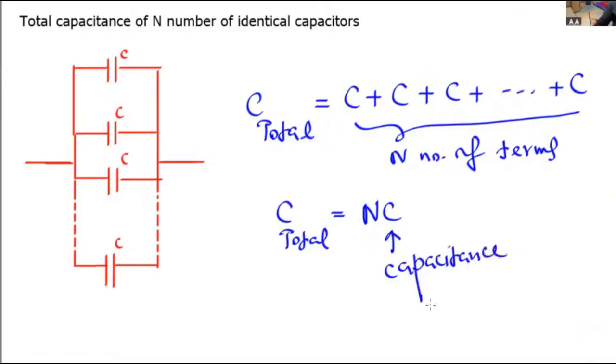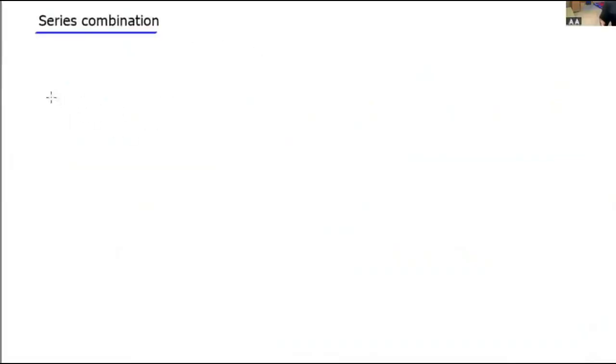Okay, write this. Next, series combination. Then you can consider three capacitors in series: the first one C1, C2, C3.